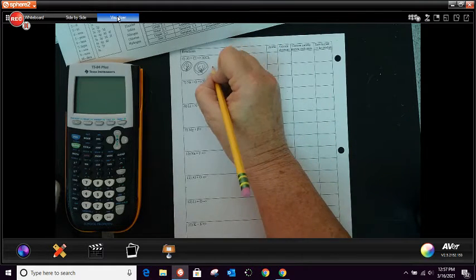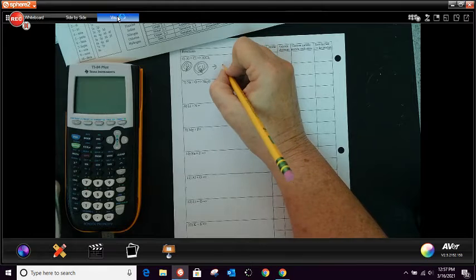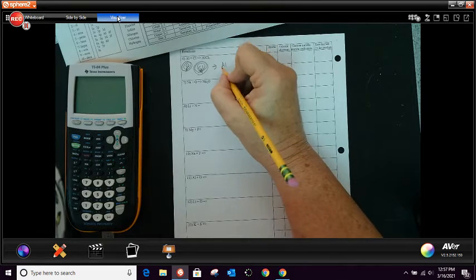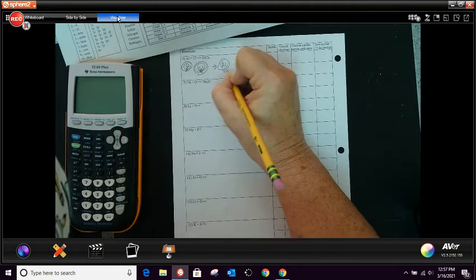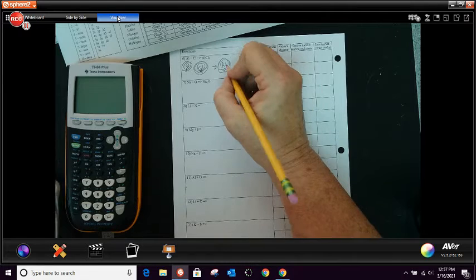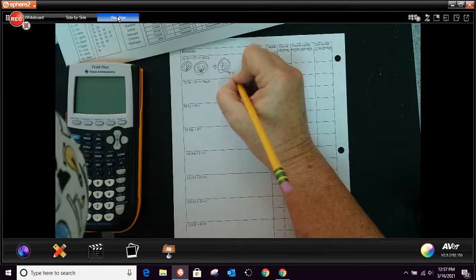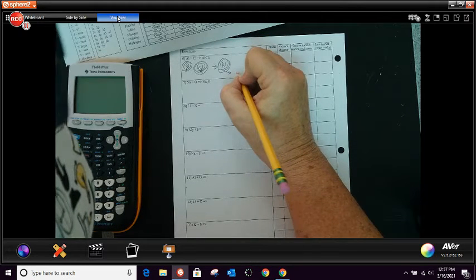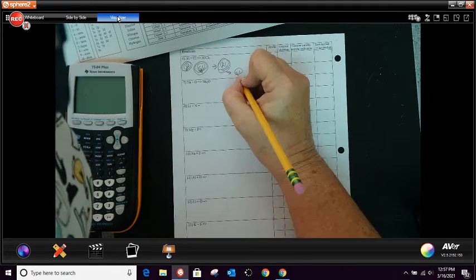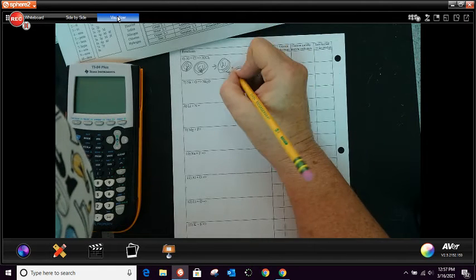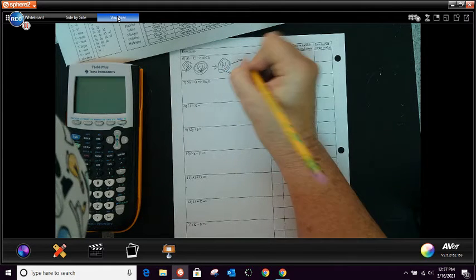And when we have our product, we're going to have 1 aluminum, and they're going to take each one of their valence electrons and give it to a chlorine.